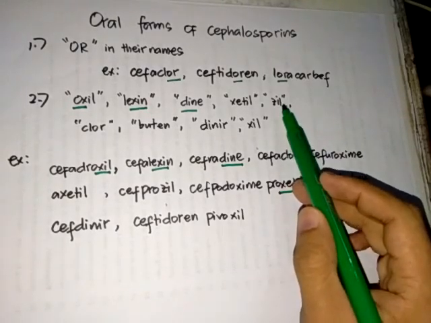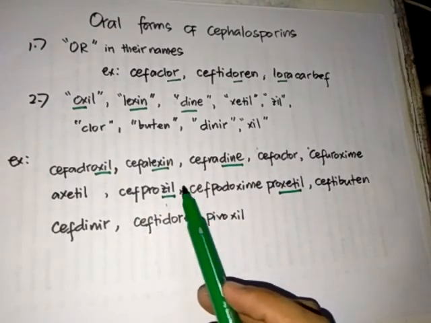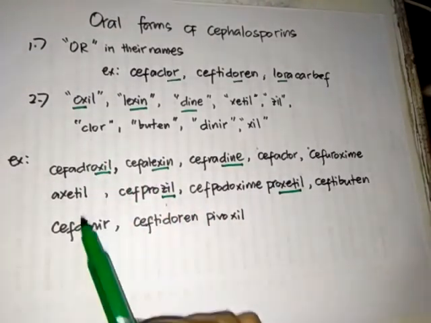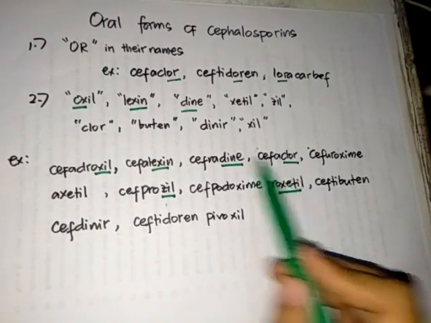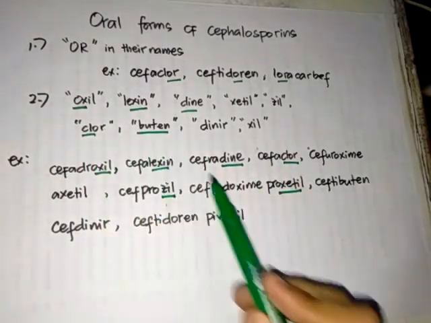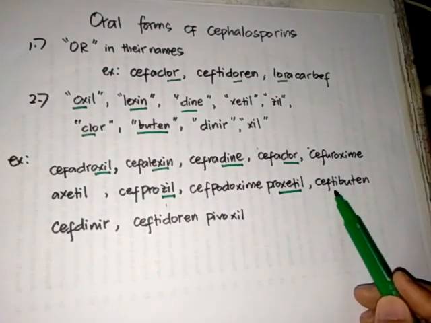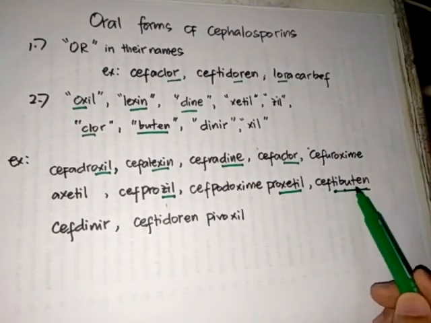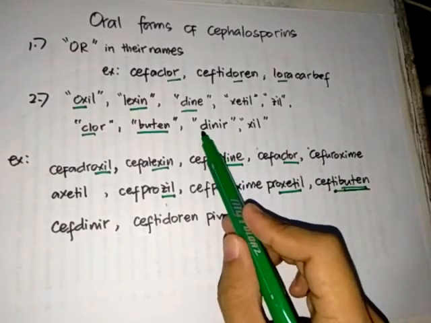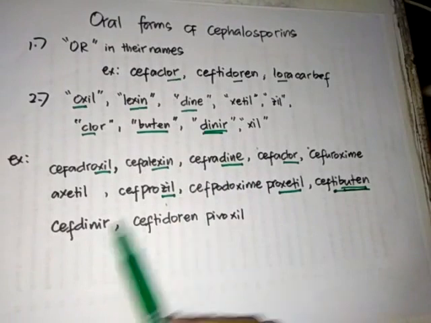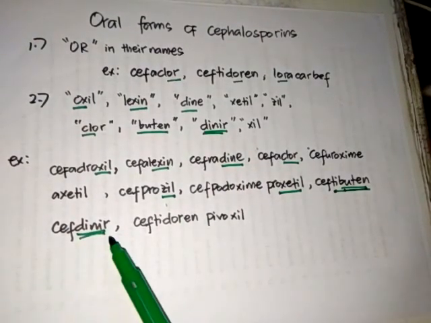Having a zil in their name. Example is your cefprozil. Having a chlor in their name. Example, your cefaclor, very good. Having a butane in their name, that is an oral form. Ceftibuten. Next is your dinir in their name. For example, cefdinir.